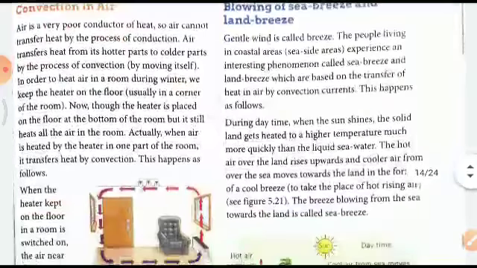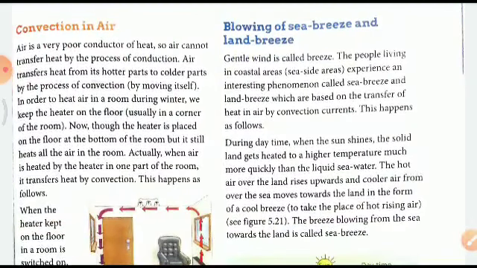Now there is convection in air also. Air is a very poor conductor of heat, so air cannot transfer heat by the process of conduction. Air transfers heat from its hotter part to its colder part by the process of convection, by moving itself.